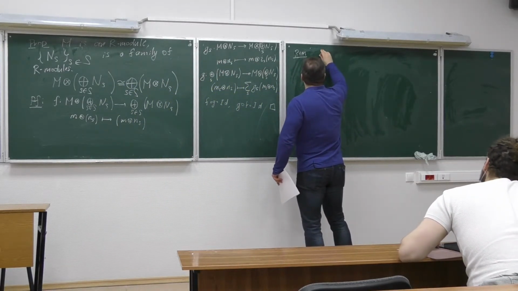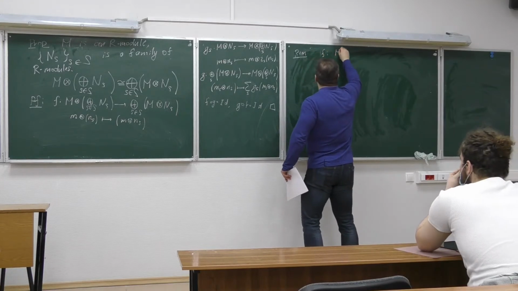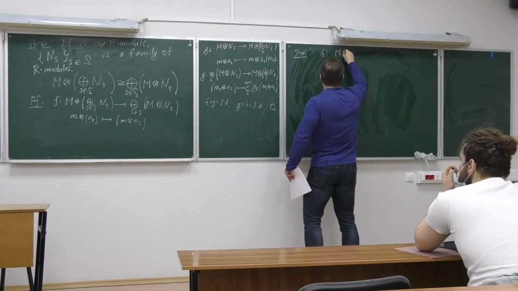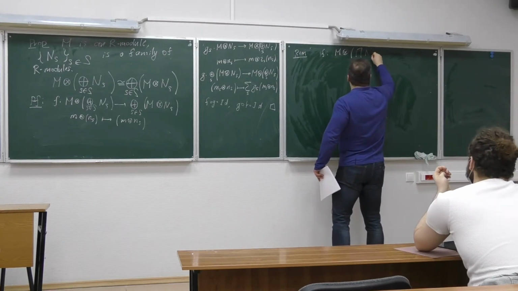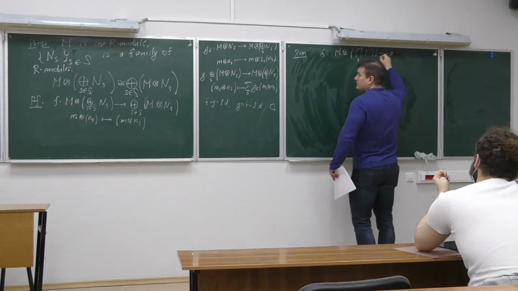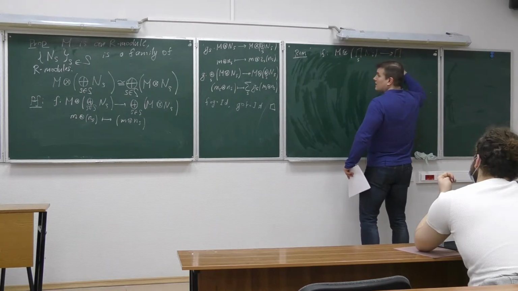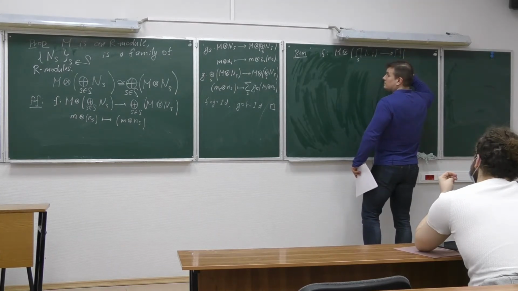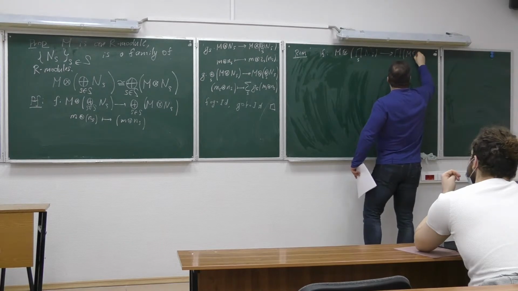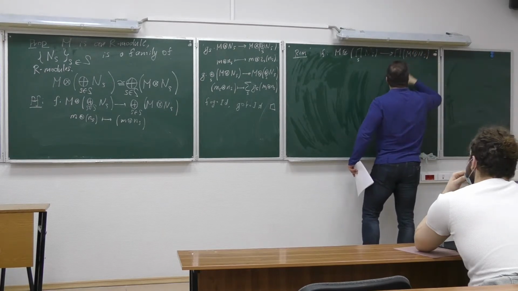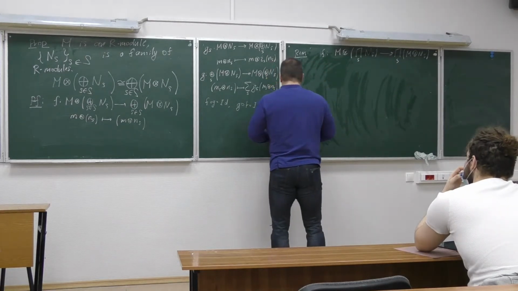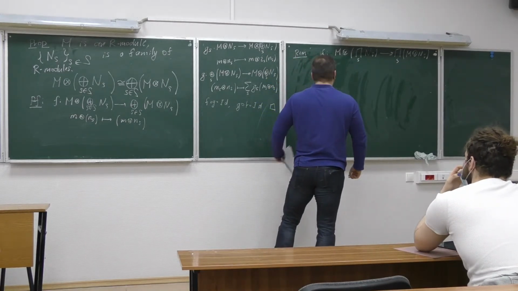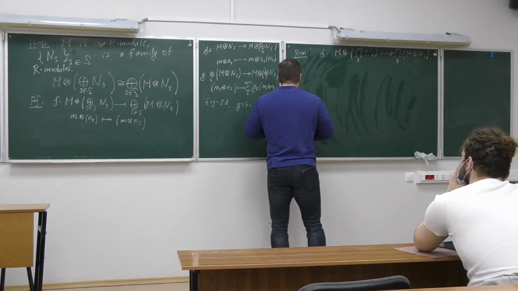So we have the map F with exactly the same formula. Okay, but this unfortunately is not an isomorphism in general, but we have the following properties.